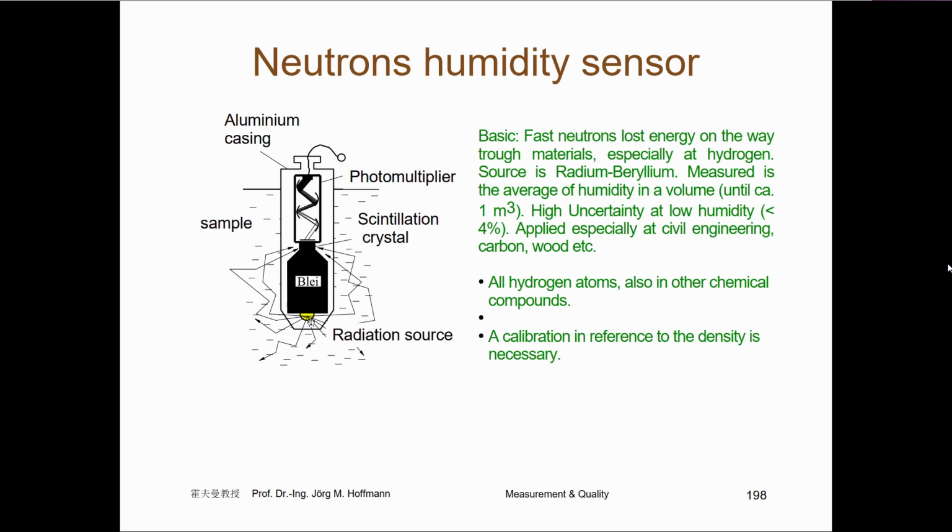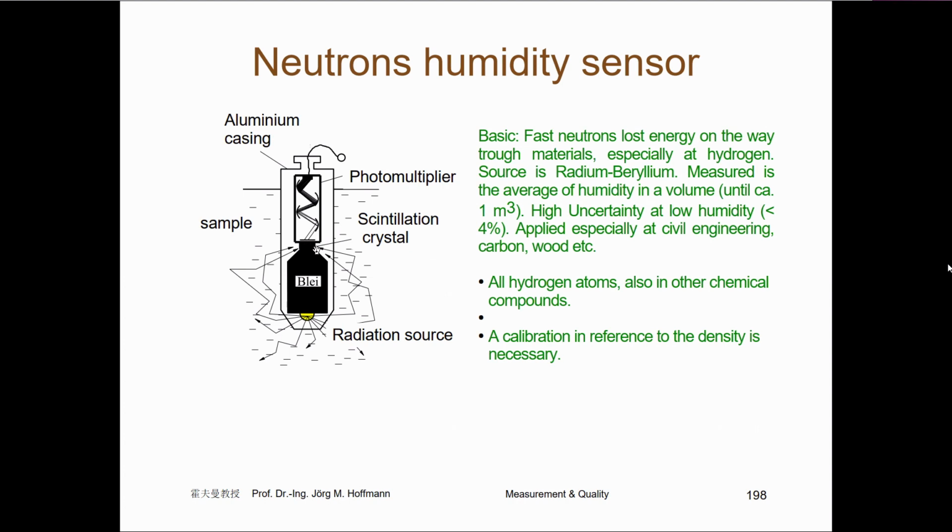And important is, this is the radiation source. This is plumbum, lead. I have forgotten to translate it. That is a strong shield, so that nothing comes from here to this scintillation crystal. A scintillation crystal is a material which you can irradiate with neutrons, also with nuclear radiation.